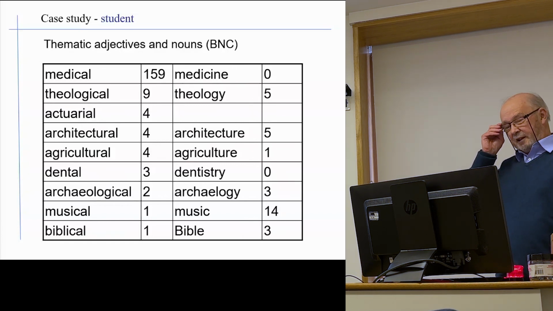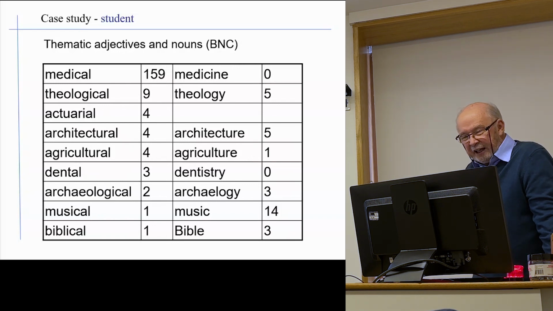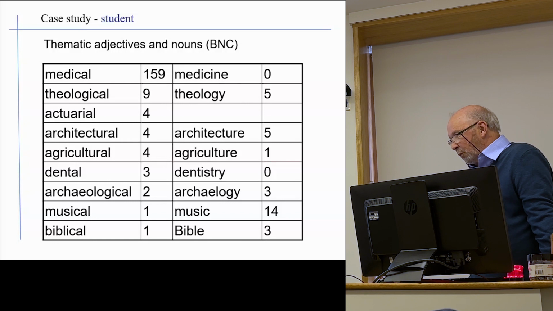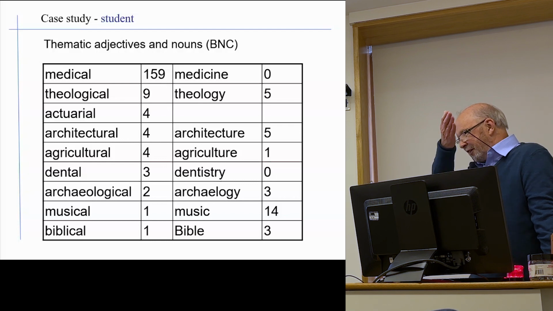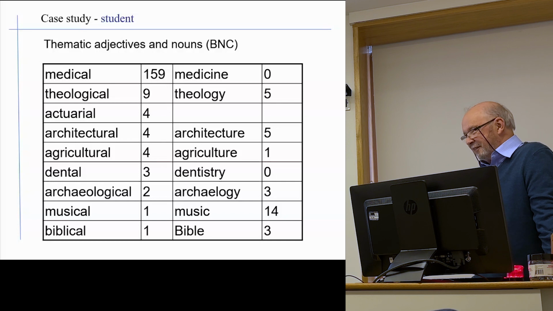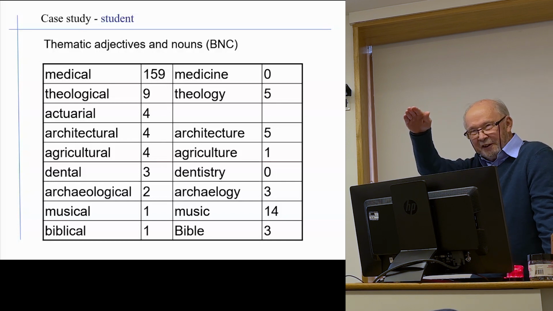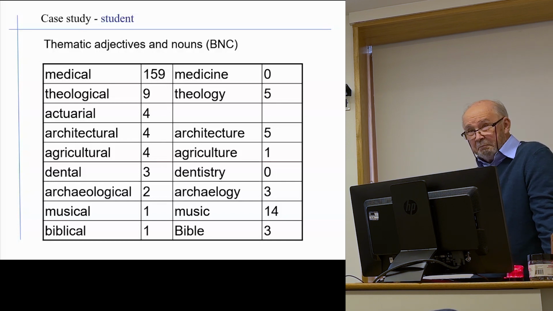So I then decided to have a look at the thematic adjectives, the ones which represent what is studied. And you notice medical, 159 examples. It's not surprising that that one occurred at the top there in the list of collocates. Medicine student, 0 examples.